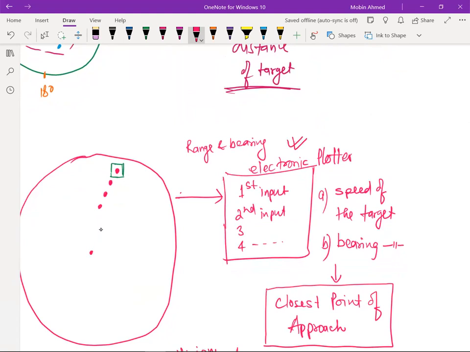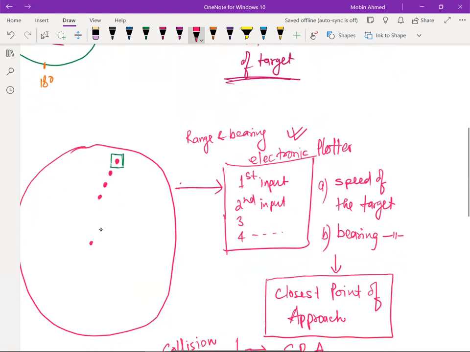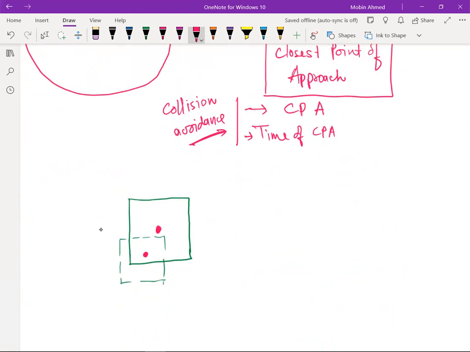Now we no need to give input to the electronic plotter each time. It will be coming from the window itself. So this window is known as a tracking window. It is created virtually, everything is virtual, and when the target moves, this also will move.